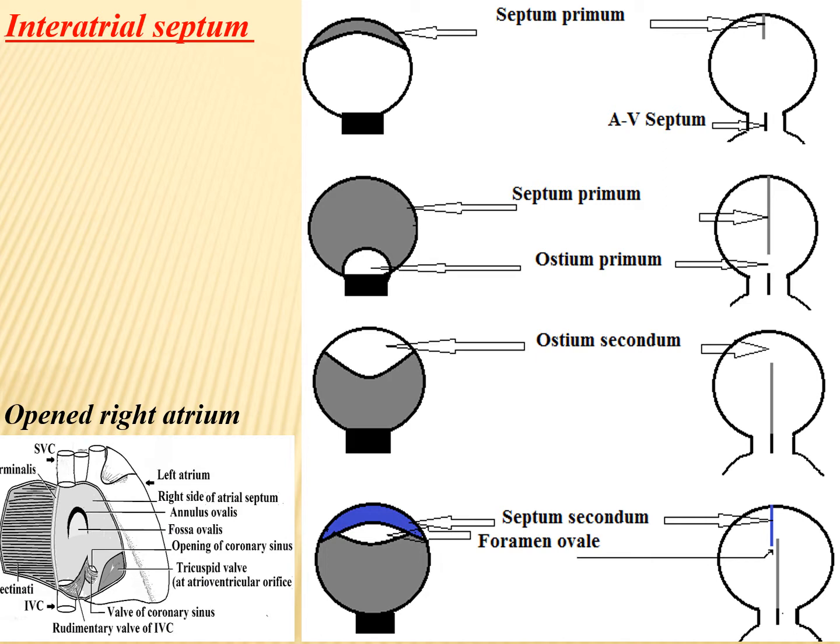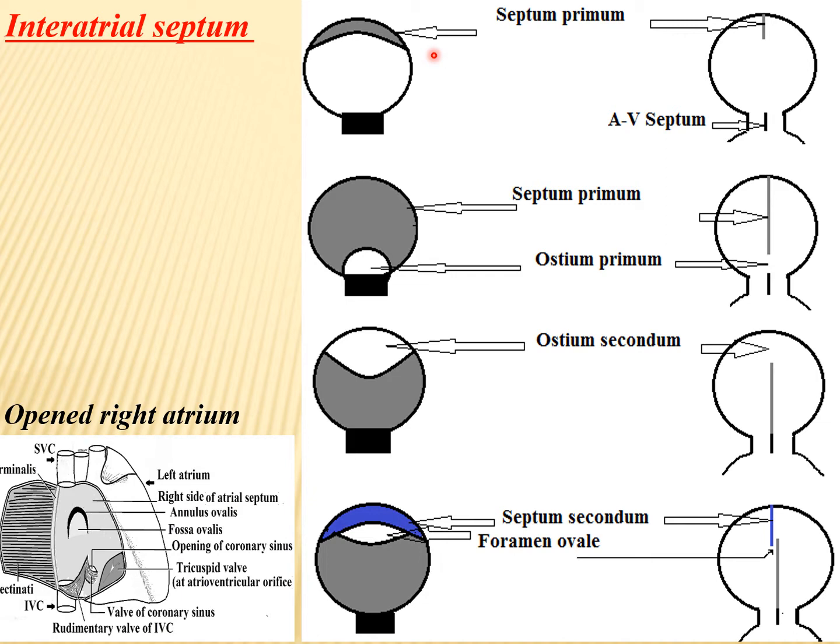As you know, the atrium is above the ventricle that lies below it. So to remember, the atrial septum arises from the roof, from above, as the atrium lies above.